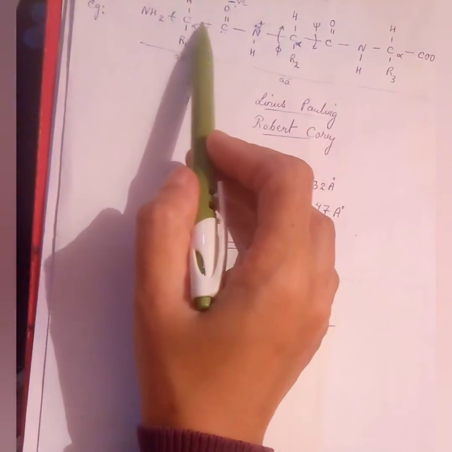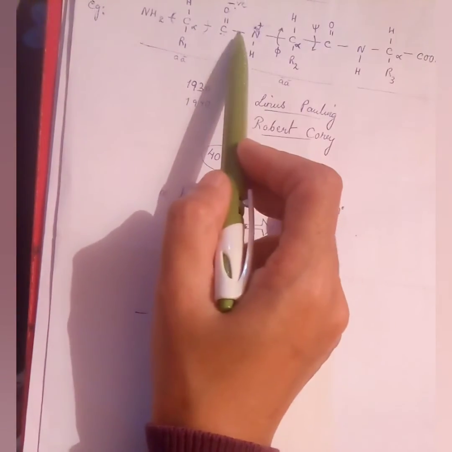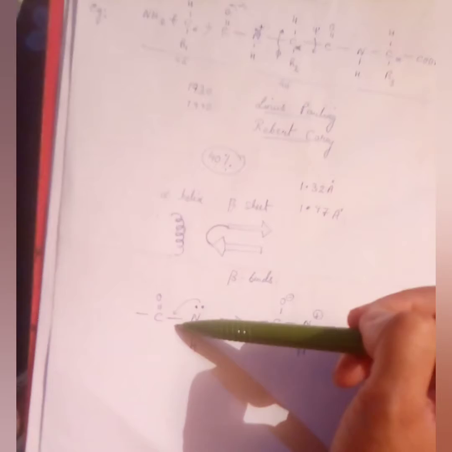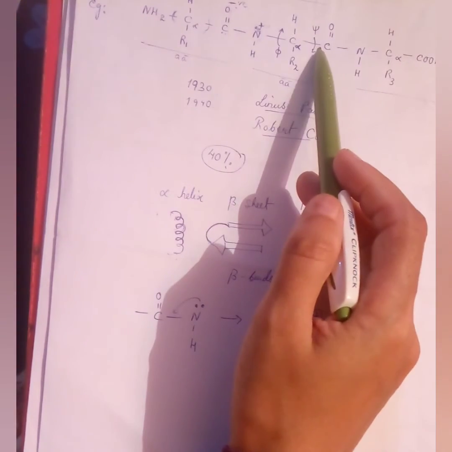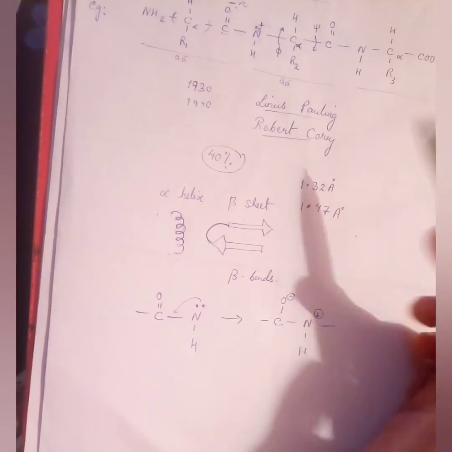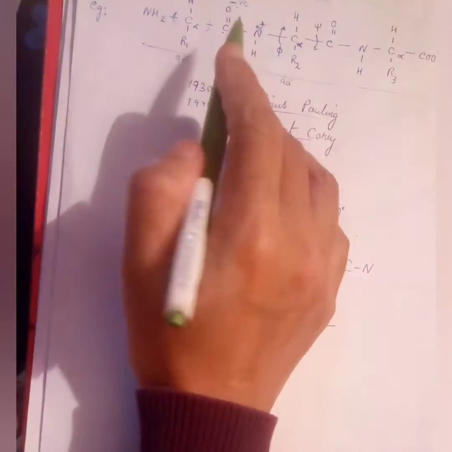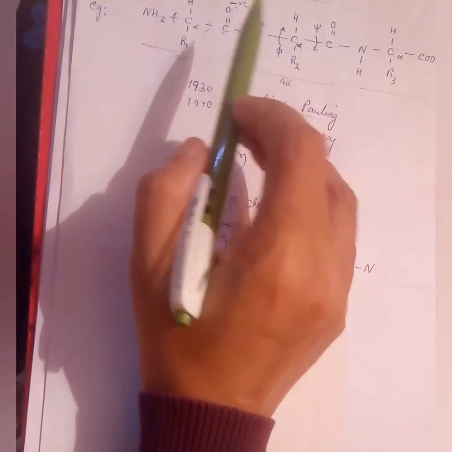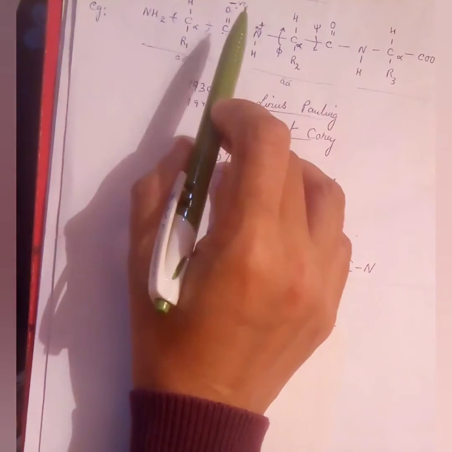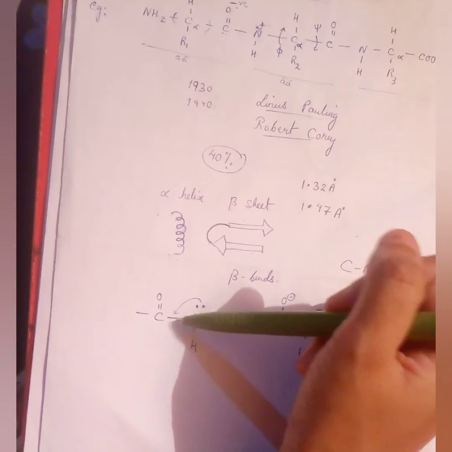Now from these two findings, about this bond here, which cannot be rotated because it has partial double bond character due to sharing of electrons, and also these bonds here, the phi and the psi bonds, which can be rotated, Pauling and Corey concluded that the CN bond, that means this bond here, is unable to rotate freely because of its partial double bond character.